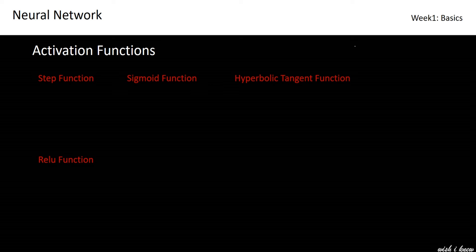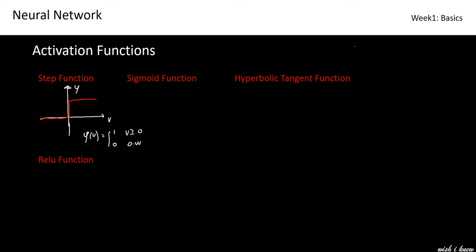Alright, now we are going to talk about some activation functions. The first one is the step function. The step function could be the simplest one. Say the x-axis is your logit and the y-axis is the output of your neuron, and the step function would output like this, which is just like your output is 1 when v is equal to or larger than 0, and 0 otherwise.